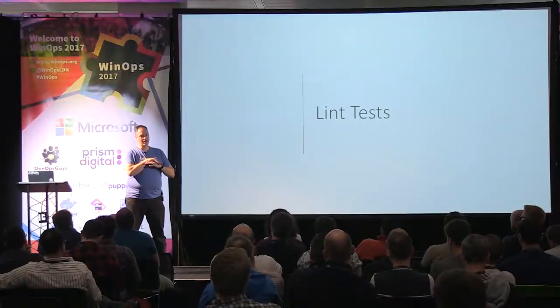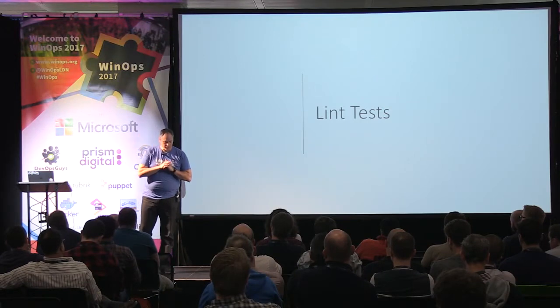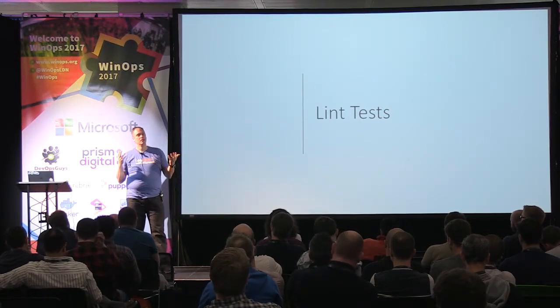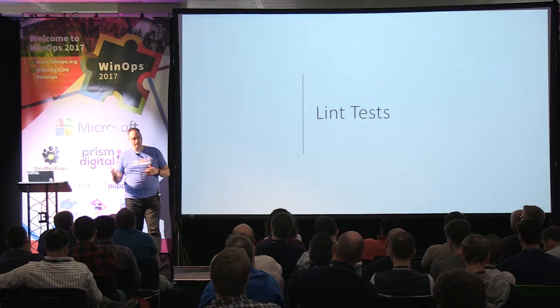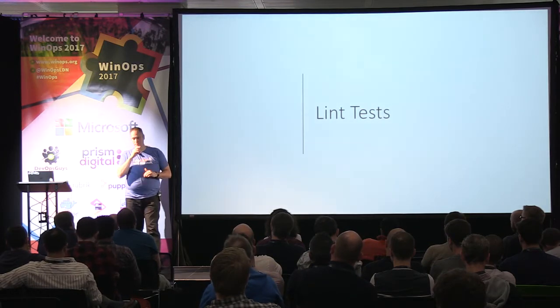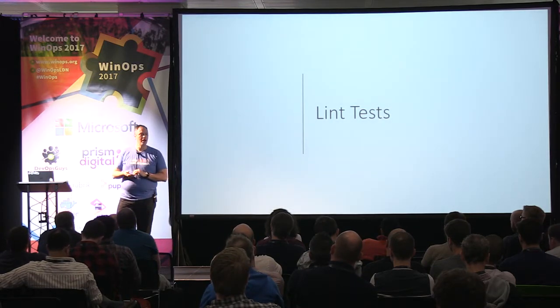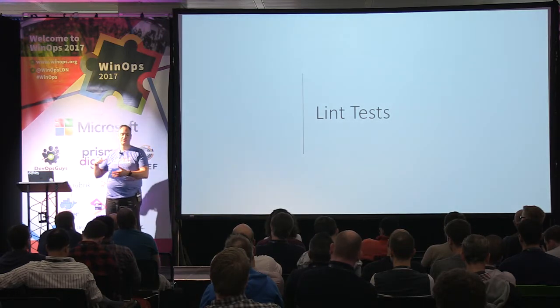Then we have lint tests. Now, lint is more style checking and looking for correctness. And so in the PowerShell realm, that's things like PSScriptAnalyzer. In the Ruby realm, that's things like Rubocop or Foodcritic, if you're talking specifically about Chef cookbooks.